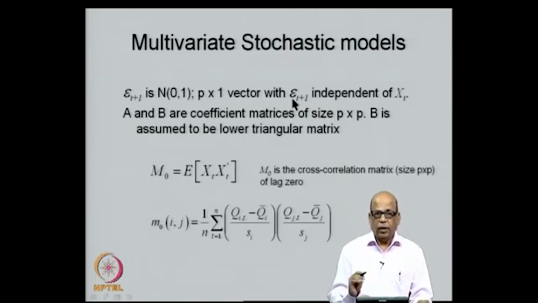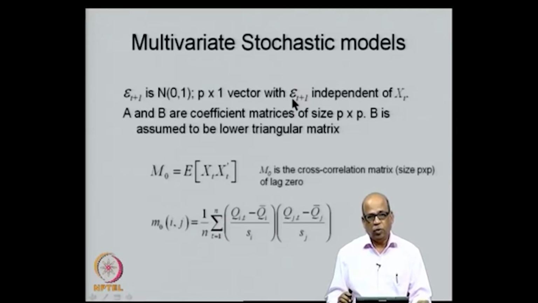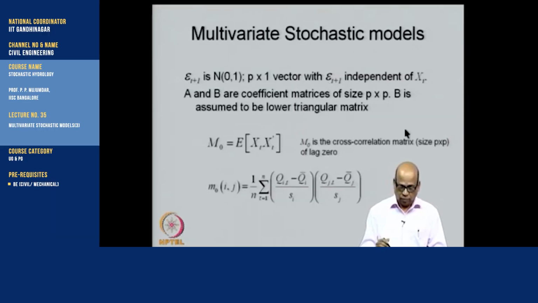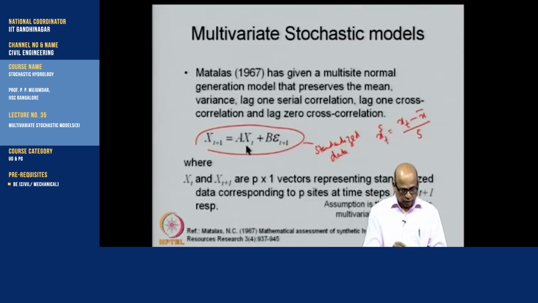An additional assumption here is that epsilon t plus 1 is independent of x t. Your structure requires x t as well as epsilon t plus 1 on the right side. This will be a useful assumption when we derive expressions for A and B, as you will presently see.